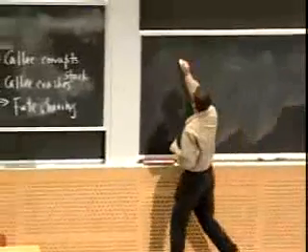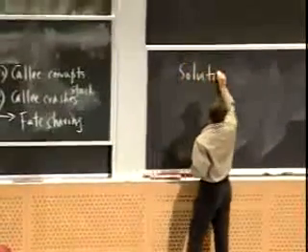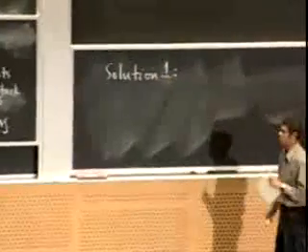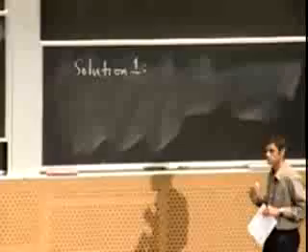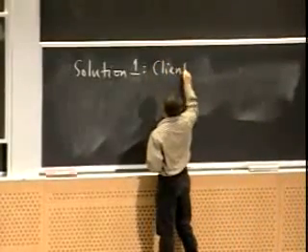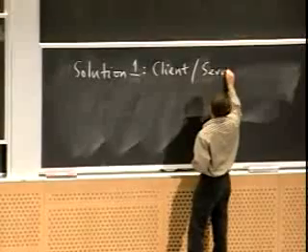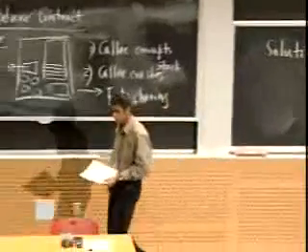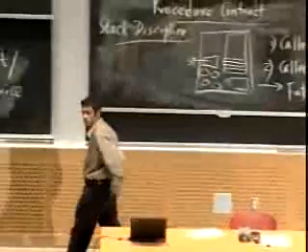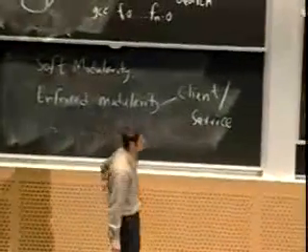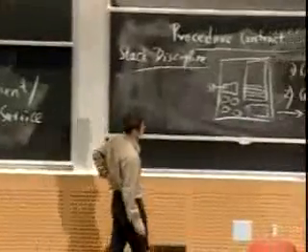And the first solution we're going to discuss is a way of organizing callers and callees into an organization called client service organization. And the main idea is going to involve a different abstraction by which callers and callees communicate with one another from the abstractions we've seen already.